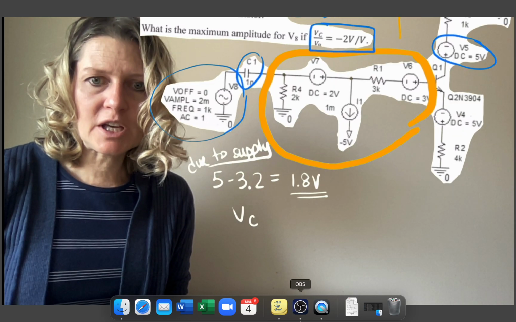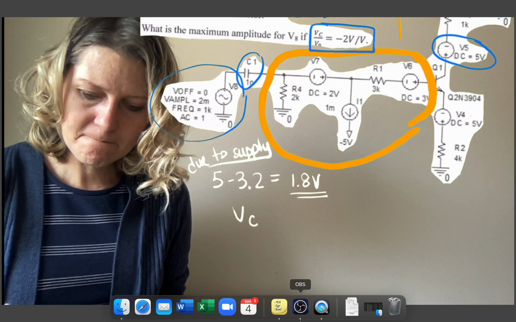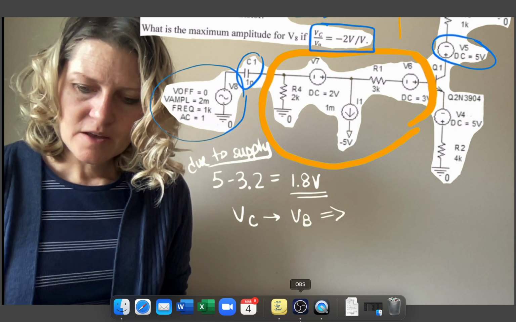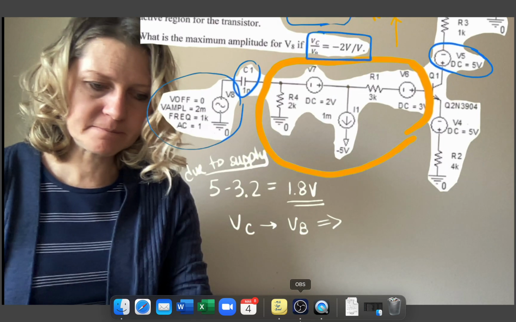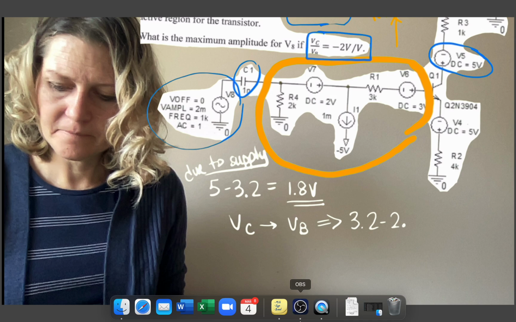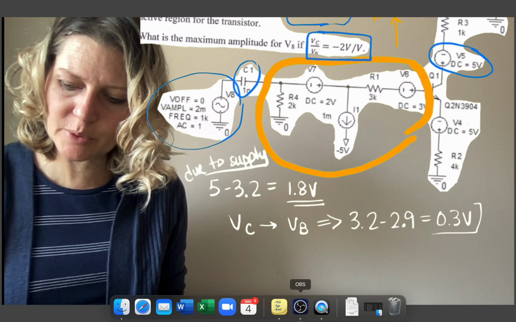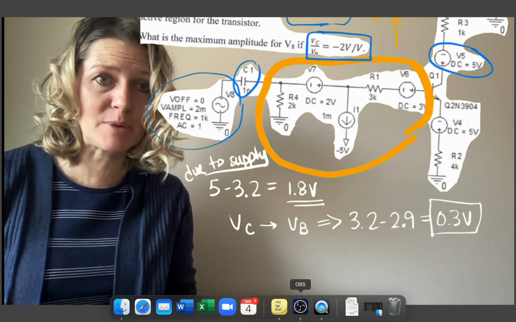And then if I'm looking at between VC and VB, then that difference is from 3.2 to 2.9. That's only 0.3 volts. Well, you can see this one at 0.3 is definitely going to be much more limiting because it's a smaller value.